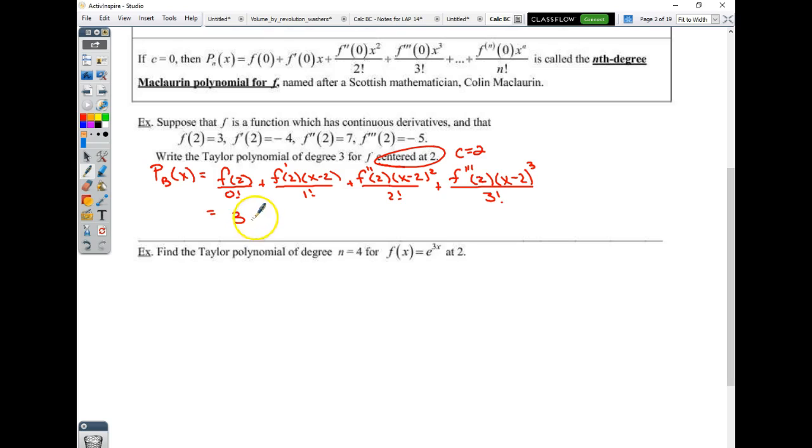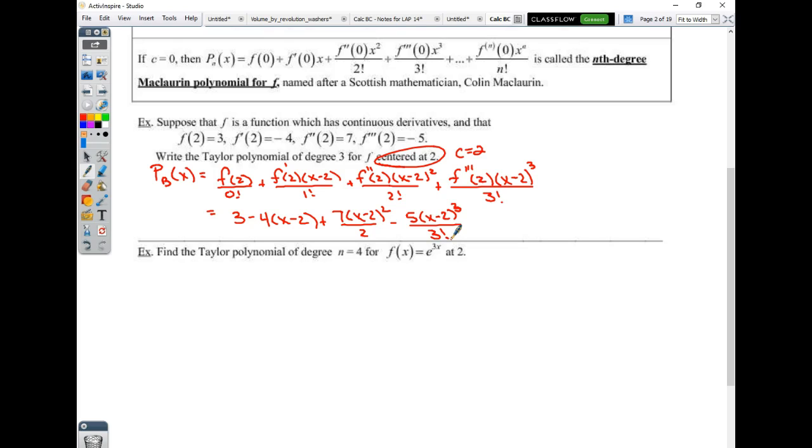So I'd call this 3 minus 4 times x minus 2 plus 7 times x minus 2 squared over 2 minus 5 times x minus 2 cubed over 3 factorial. And you could also write 3 factorial as 6.